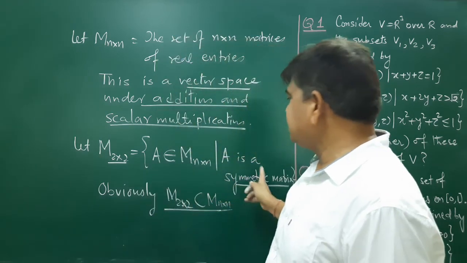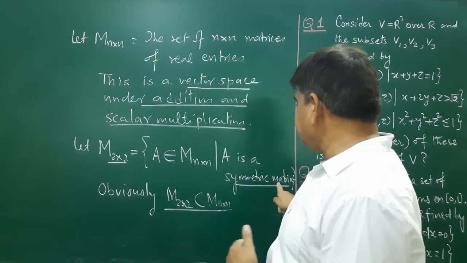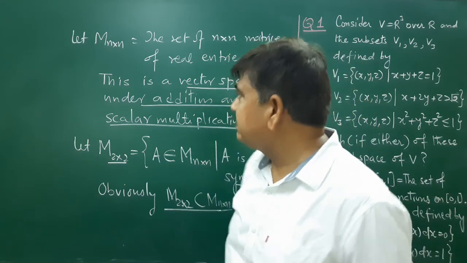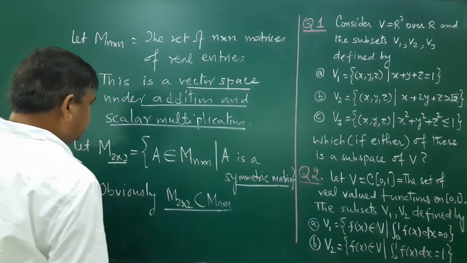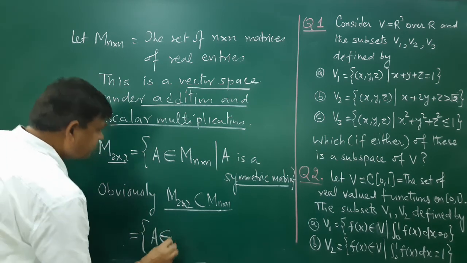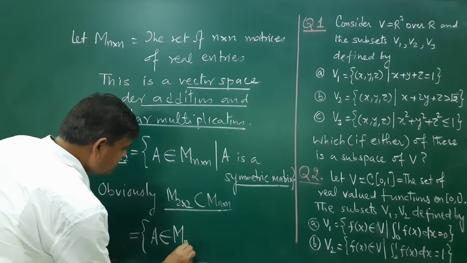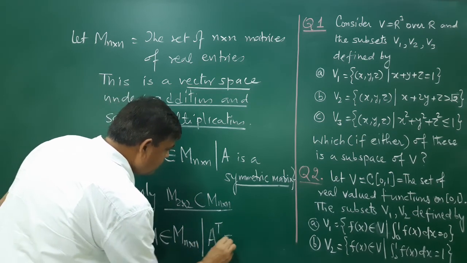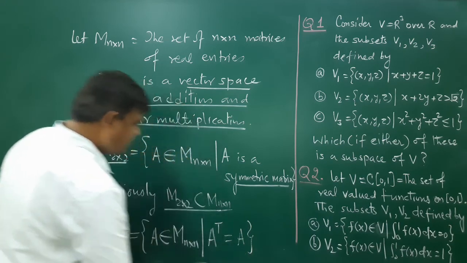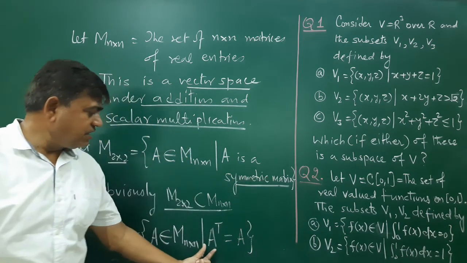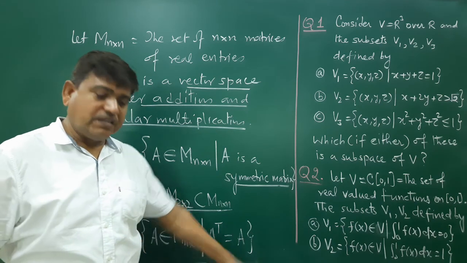A matrix is symmetric if its transpose is the matrix itself. So sometimes this is rewritten as A belongs to this set and transpose of A equals A.